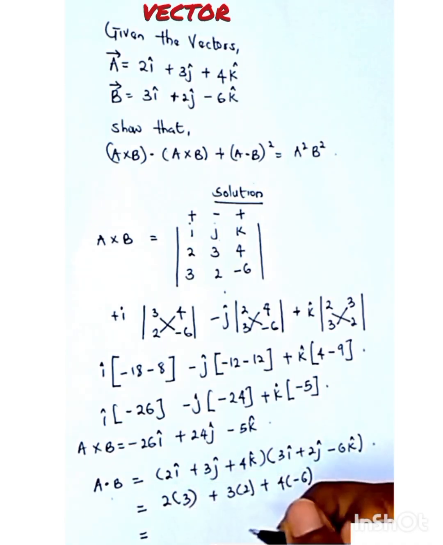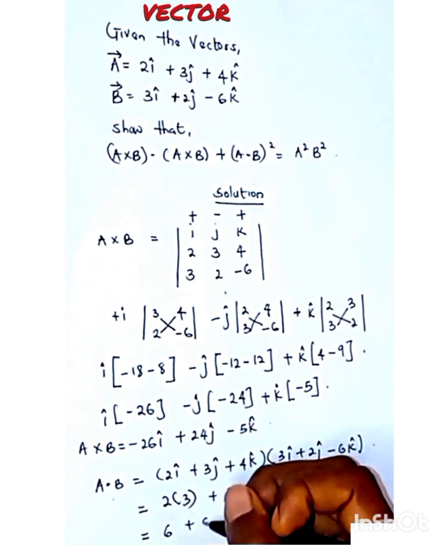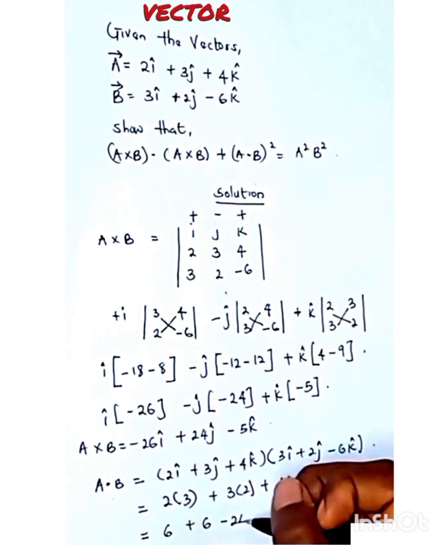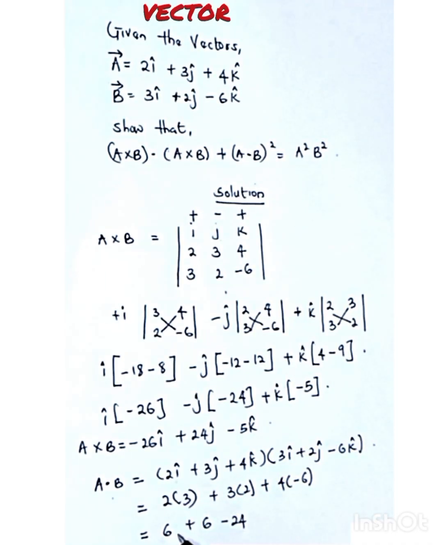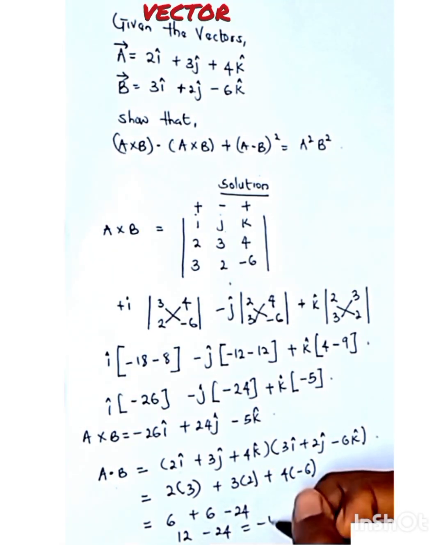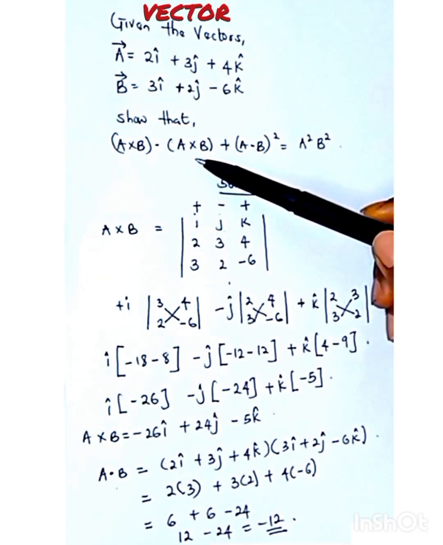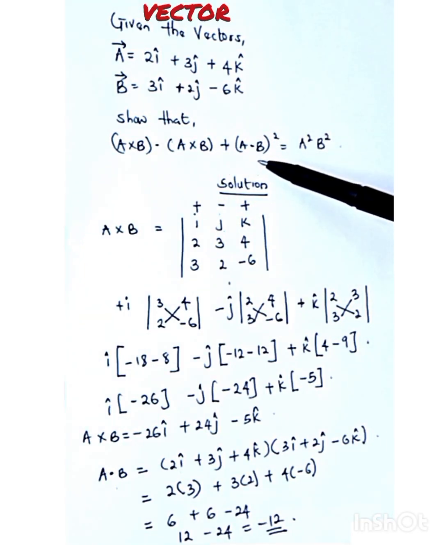So this gives 2 times 3 is 6, plus 3 times 2 is 6, minus 24. 6 plus 6 is 12, and 12 minus 24 is minus 12. So the dot product is equal to minus 12. Now we've gotten the cross product, then we've gotten the dot product.